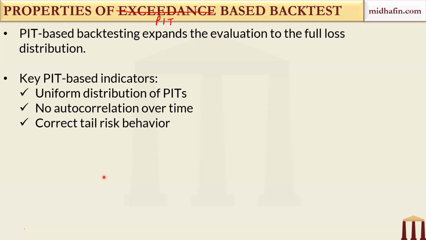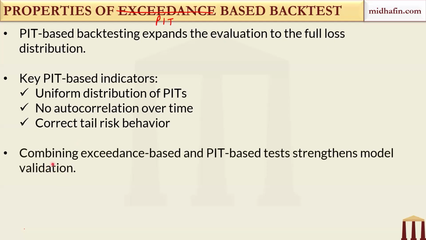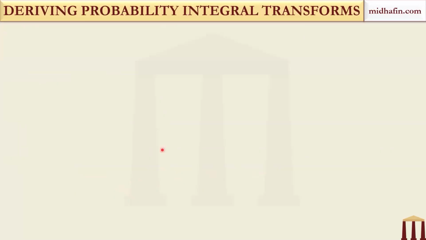Exceedance based tests are essential, but they are limited. PIT based tests are broadening the lens and exposing deeper issues. So it is always better that they are done together. Together they give you a much more complete validation framework for any VAR model, and it strengthens model validation.